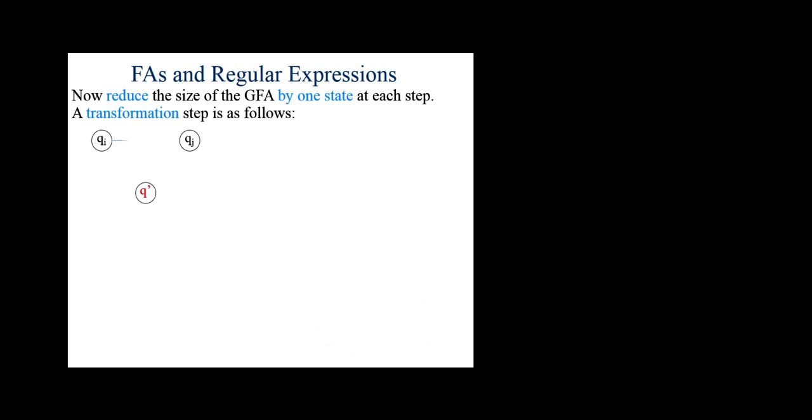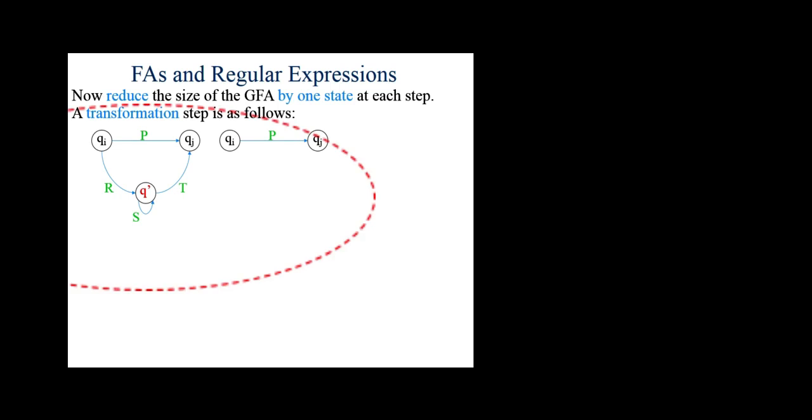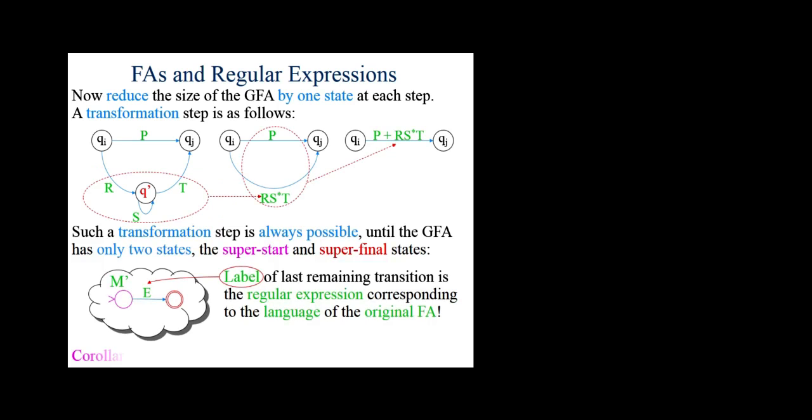And once you do that, it enables you to then reduce the size of the generalized finite automata by one state by finding a triangle of this form and collapsing these two states and this third state into just a pair of states instead of three states, reducing the machine by one state.